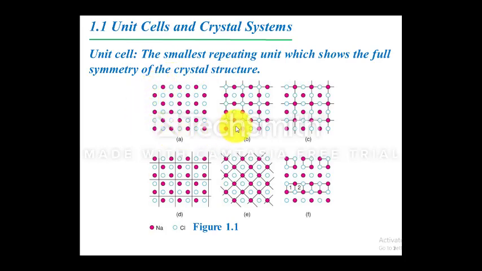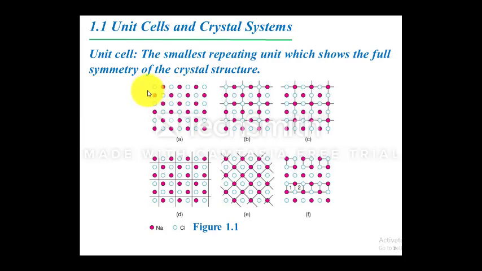In this figure, you can see figure 1.1. It is the sodium chloride structure. It has been represented in different ways. Starting from figure A, we can see this is a chloride atom and then a sodium atom, again chloride, sodium, chloride.